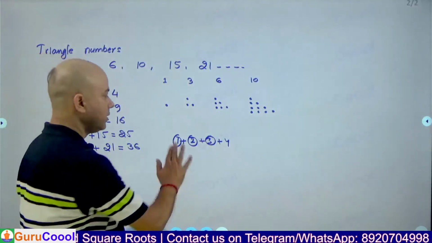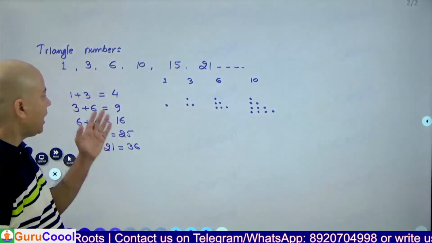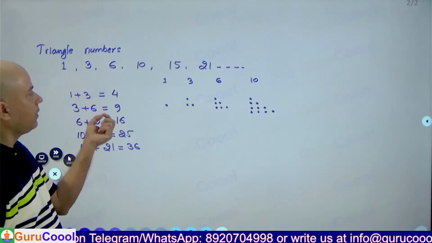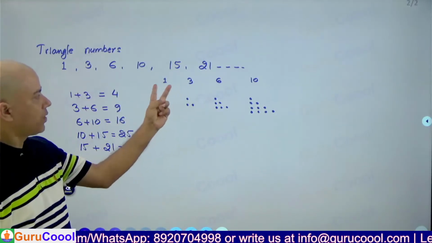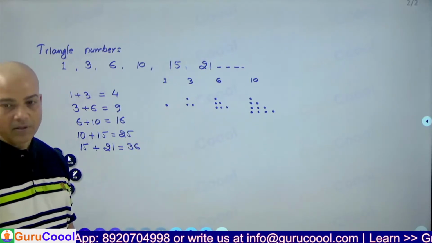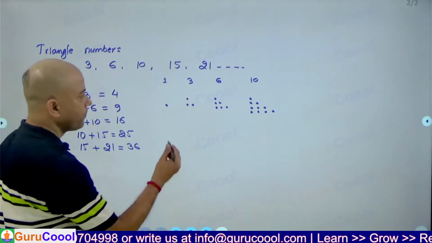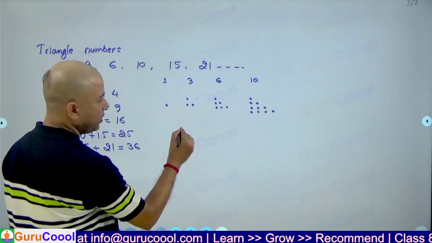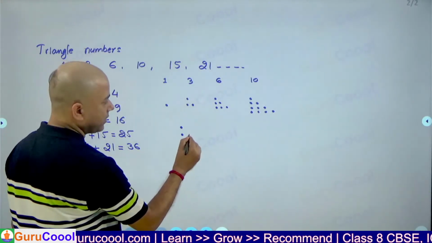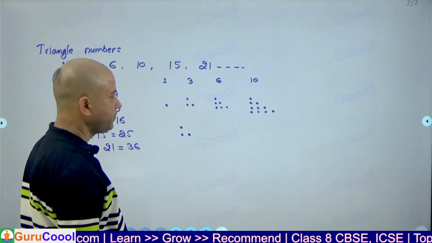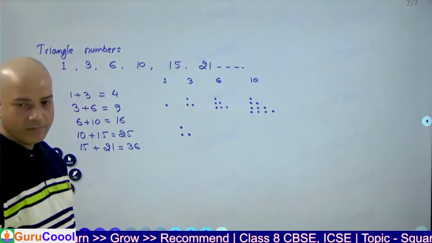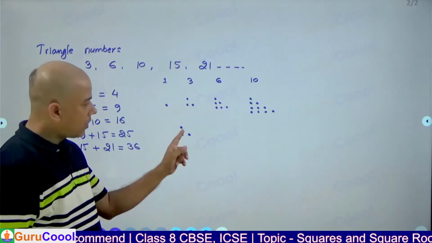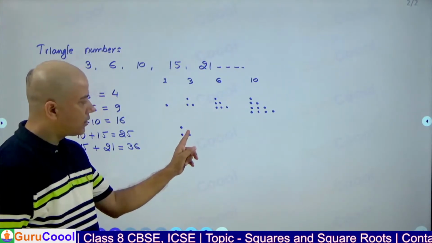But the reason behind why does this happen? When we add two consecutive triangle numbers, it becomes a square number. See, if I add 1 and 3 together, what will happen? For 3 you will make a right triangle like this, isn't it? Notice only 1 dot is missing here to complete the square.